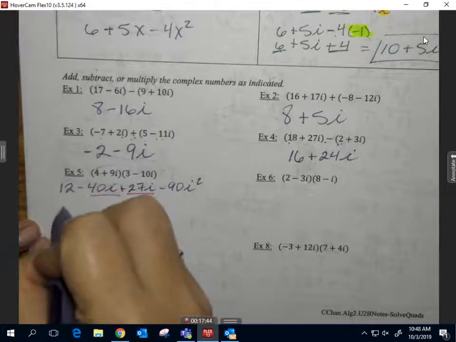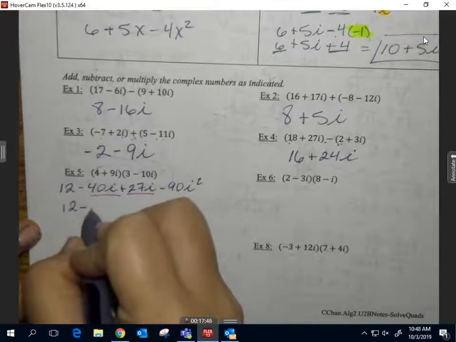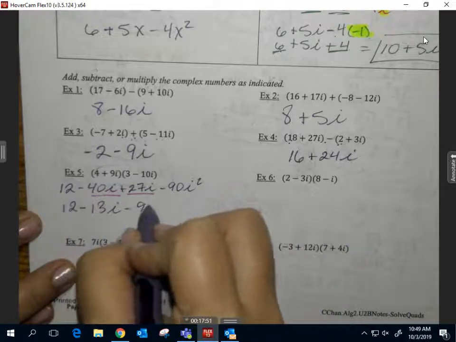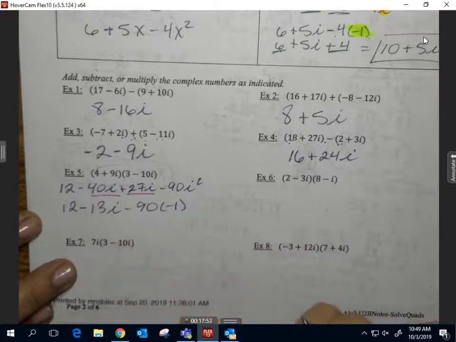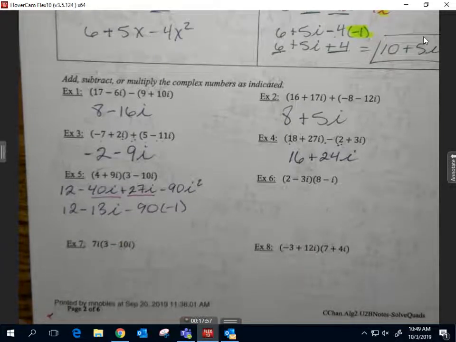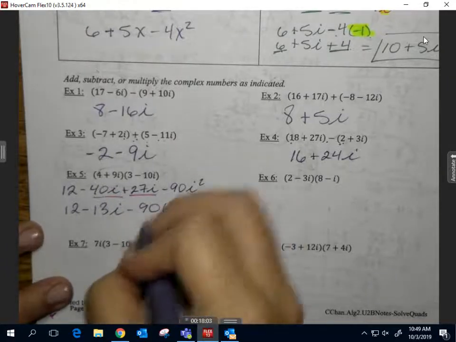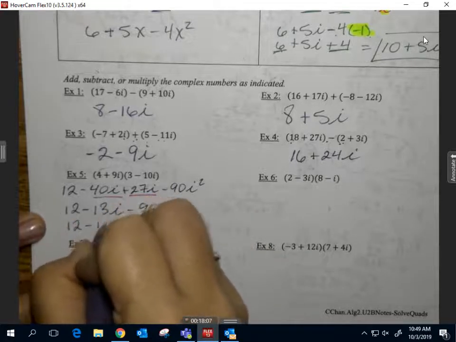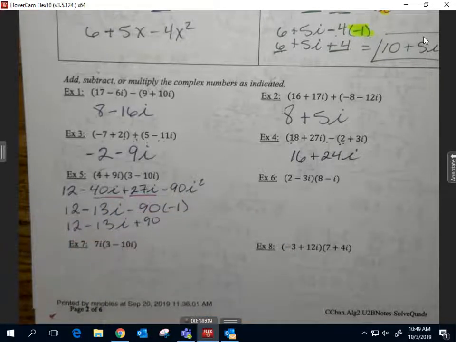So we have 12 minus 13i minus 90 times negative 1. So essentially, what is multiplying that negative 1 going to do to that last number? Because now negative 90 becomes what? Positive 90. Aren't you timing it by a negative 1? Yeah, that's what I'm saying. So it's just going to make it its opposite.